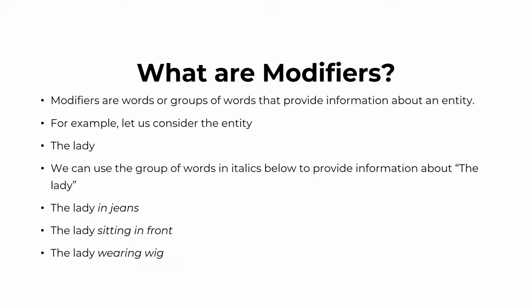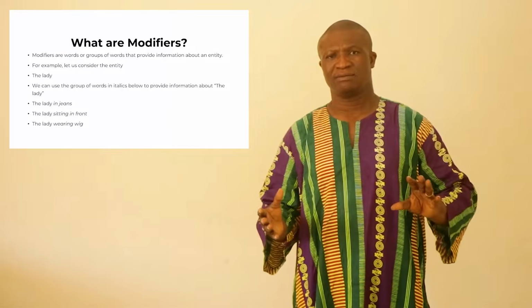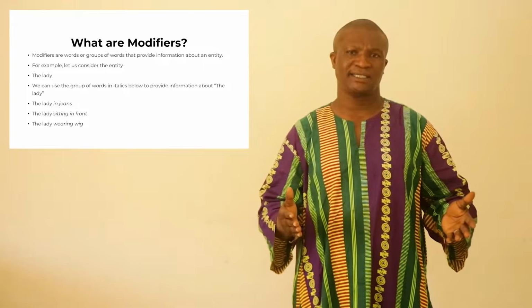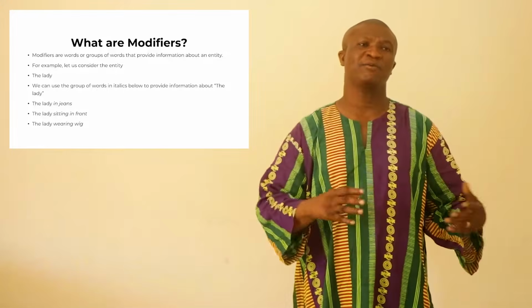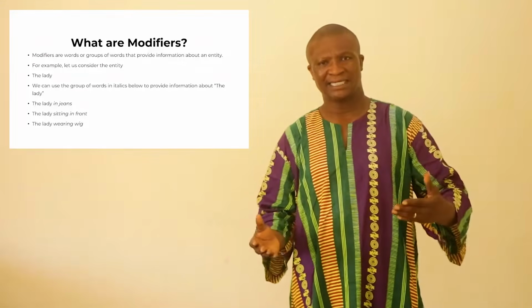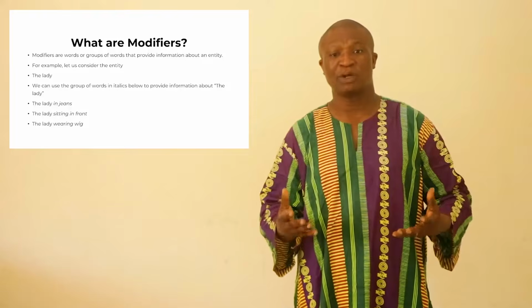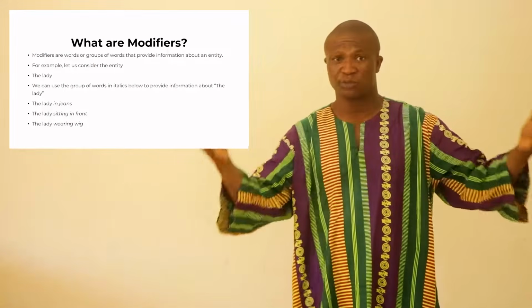Now, modifiers are a group of words that provide information about an entity. So in this case, let's take the lady. The lady is an entity. The lady is a noun. And we want to provide information about the lady. But which of the ladies do we want to specify? So we say the lady in jeans, if there are so many ladies.